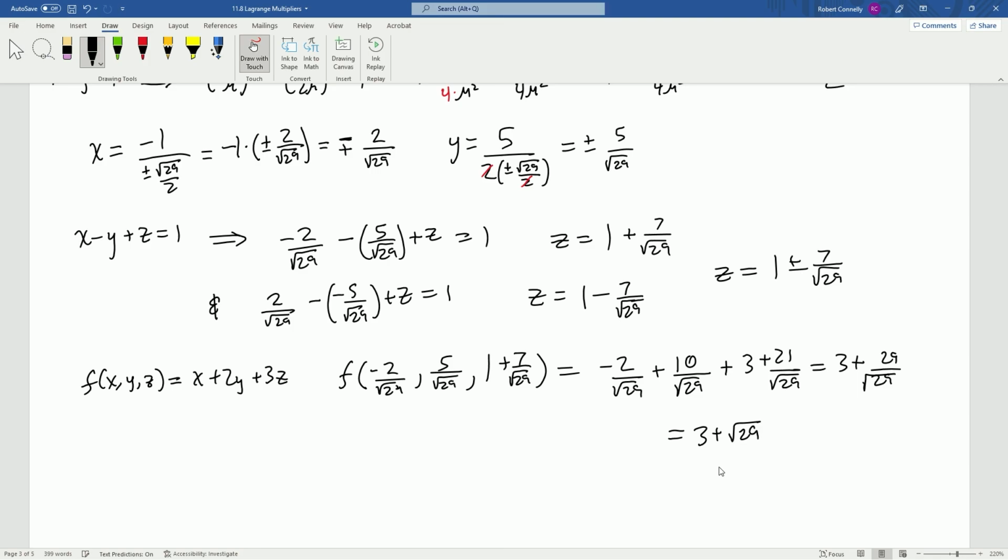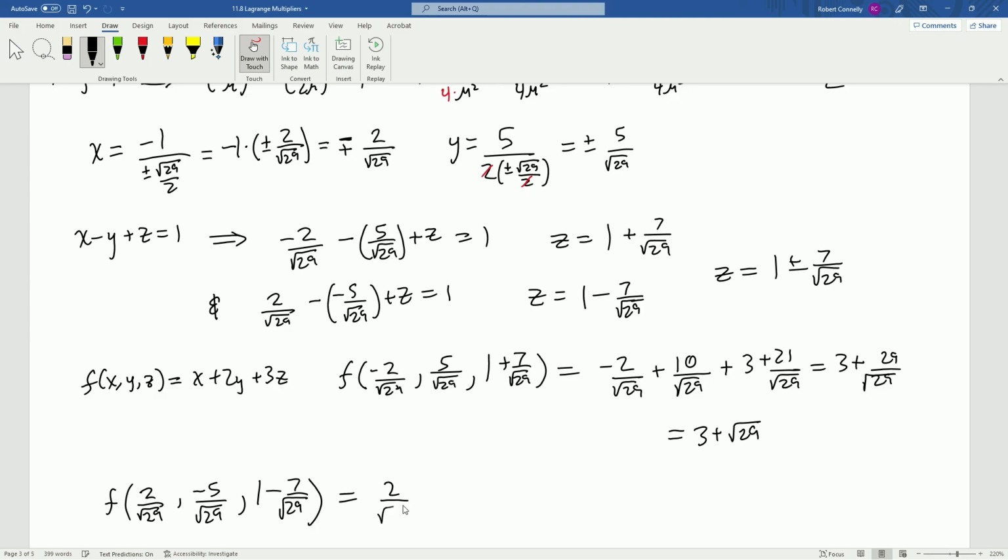So that's one value. And now if we evaluate this at our opposite values, so 2 over root 29, negative 5 over root 29, and 1 minus 7 over root 29. What do we get?